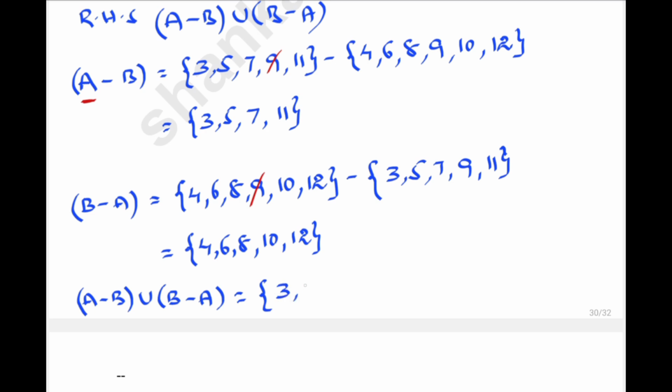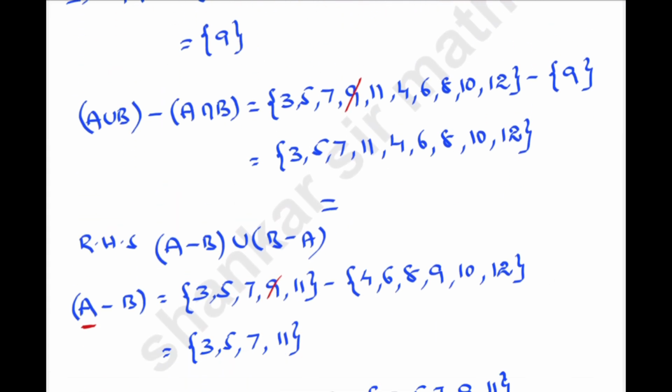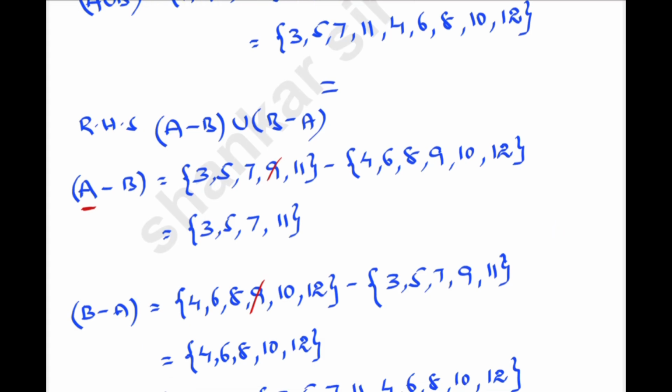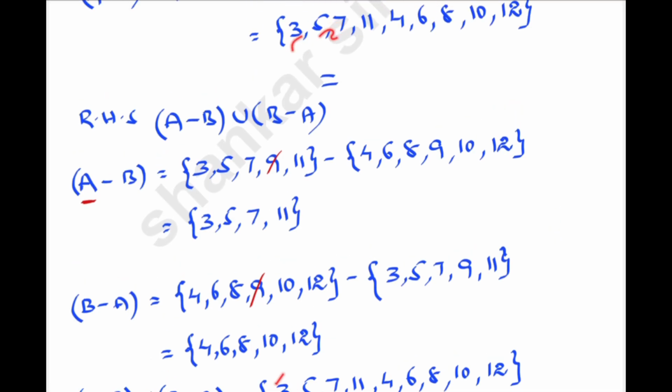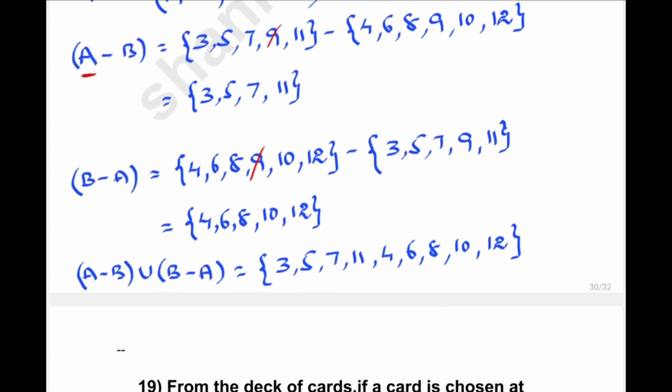So 3, 5, 7, 11, 4, 6, 8, 10, 12. Okay, so we get the same elements. These are the elements in the LHS: 3, 5, 7, 11, 4, 6, 8, 10, 12. So we have the left hand side and right hand side, both are equal.